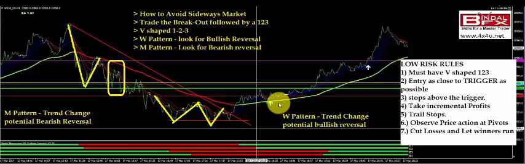The key point is the stops have to be just below the trigger line here, and that's why I'm looking for a risk reward of more than 1 to 3. You've got to take incremental profits. Mostly I break the position into 3 lots, TP1, meaning take profit 1, 2, and 3.